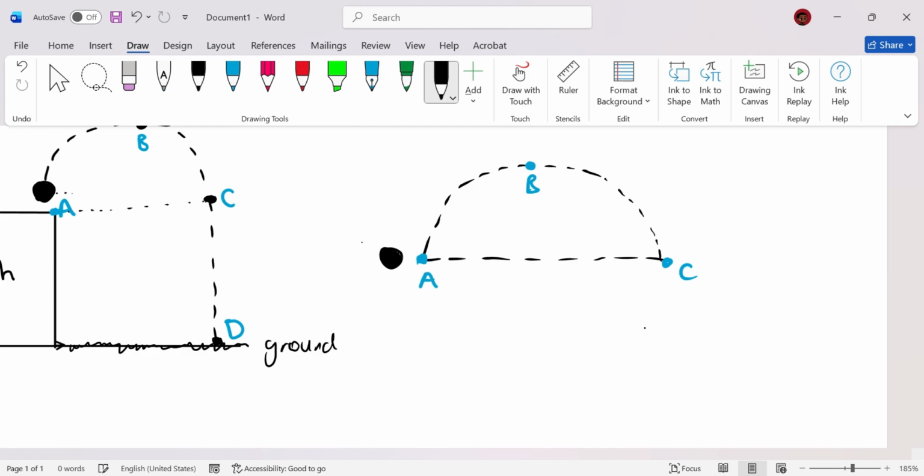So this ball was thrown vertically upwards at a certain velocity. That velocity is unknown. This ball goes up, goes up, goes up, and then it eventually comes down.